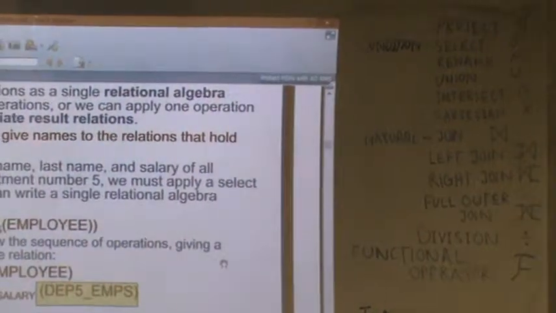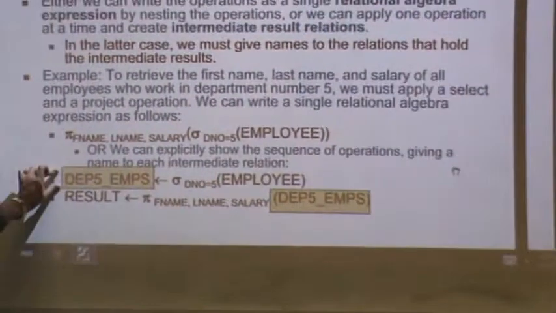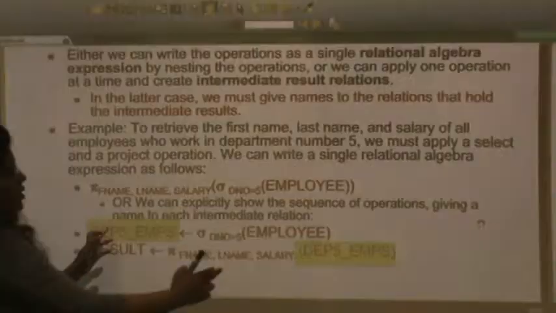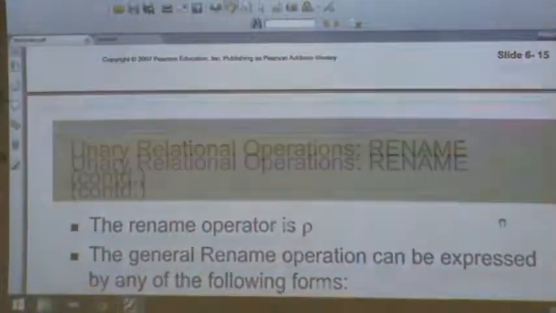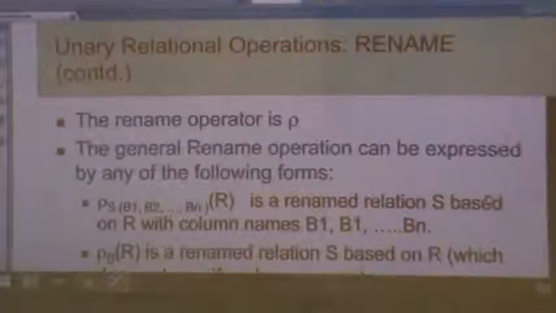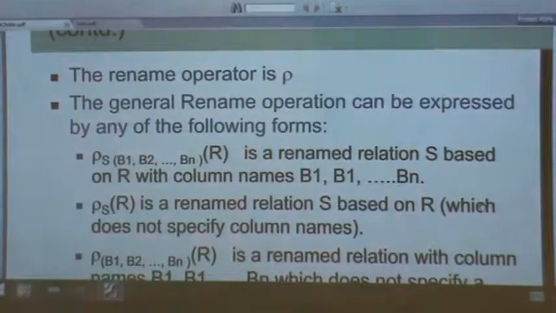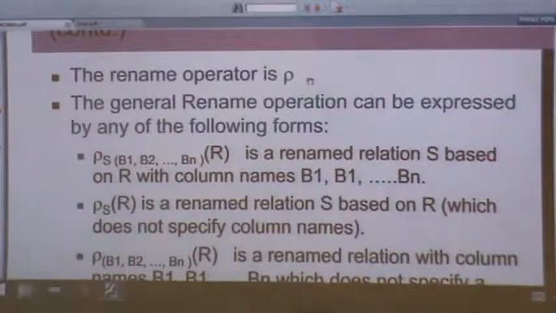But when you are renaming with a very short expression as a variable, then next you just link those up later on. So this renaming operator can be expressed by this symbol, rho, right?